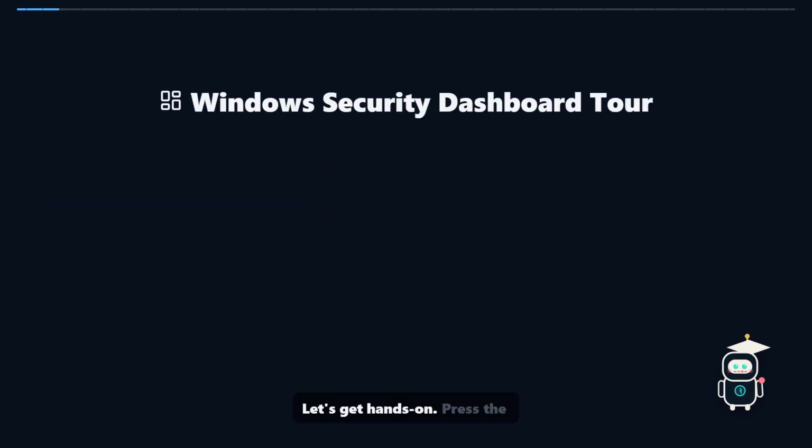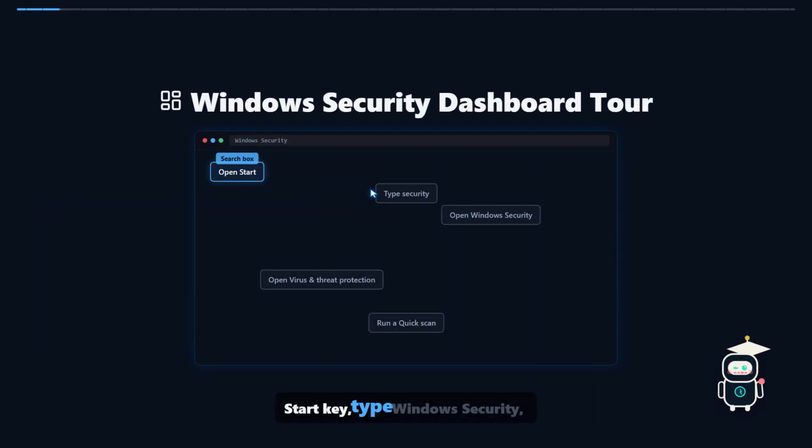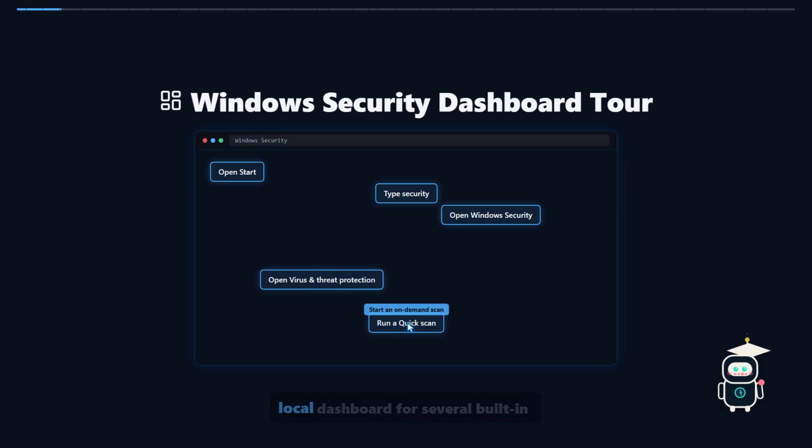Let's get hands-on. Press the Start key, type Windows Security, and open the application. Think of Windows Security as your local dashboard for several built-in protection areas. You'll see sections such as Virus and Threat Protection, Account Protection, Firewall and Network Protection, App and Browser Control, Device Security, and depending on your device and configuration, you may see additional security information.